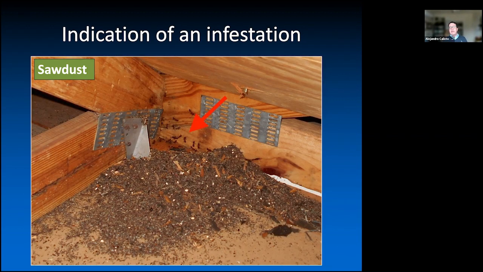And of course, if you have any damage, you're going to see the dust, all the wood that is being removed when they're building those chambers, like I showed you when they're nesting in those trees. That is an indication that you have a serious problem in your house.